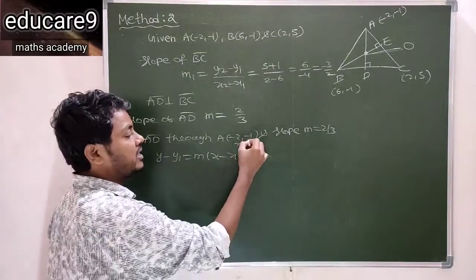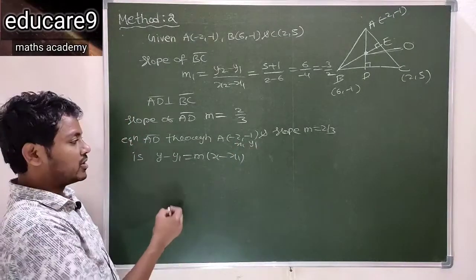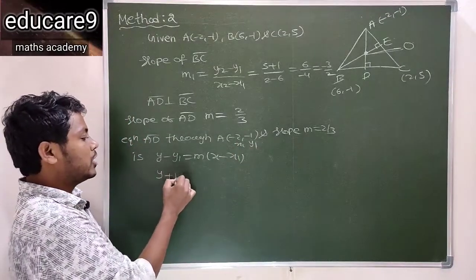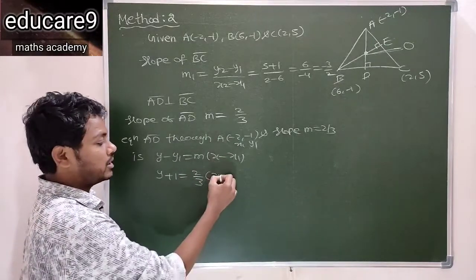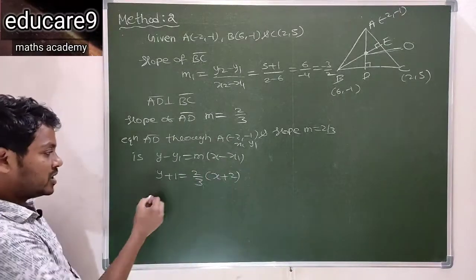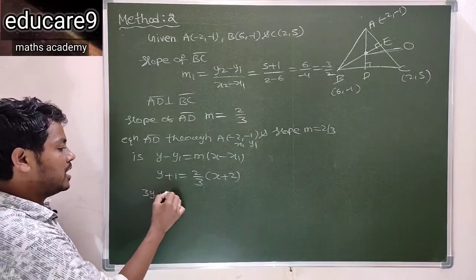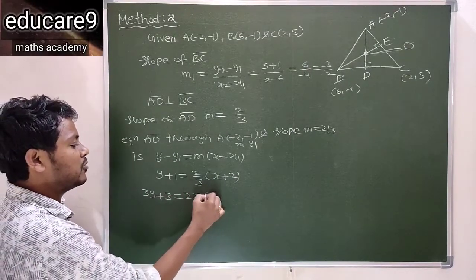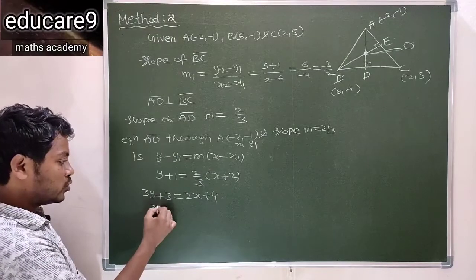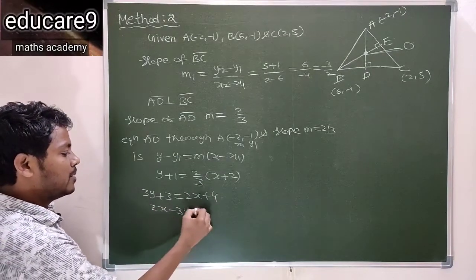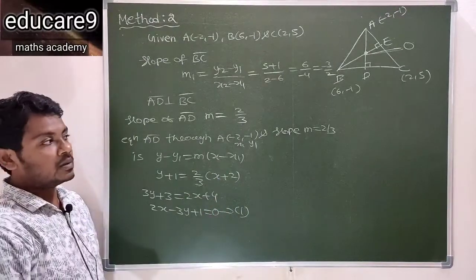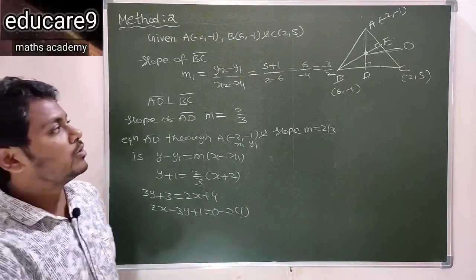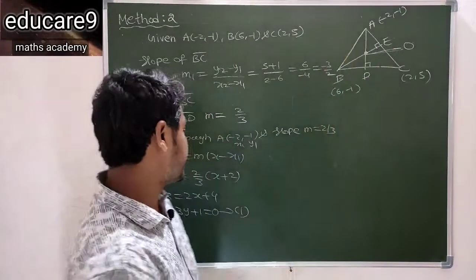So this is x1 and this is y1. Substitute here, what you get? y plus 1 is equal to 2 by 3 into x minus x1, that is x plus 2. So this is 3y plus 3 is equal to 2x plus 4. Now this is 2x minus 3y plus 1 is equal to 0. This is equation 1.